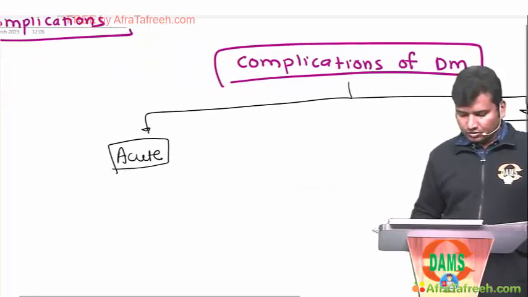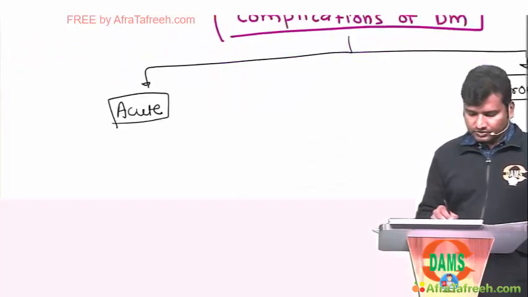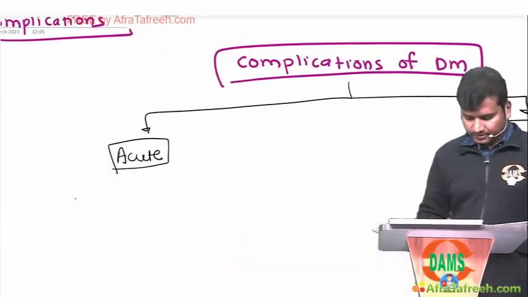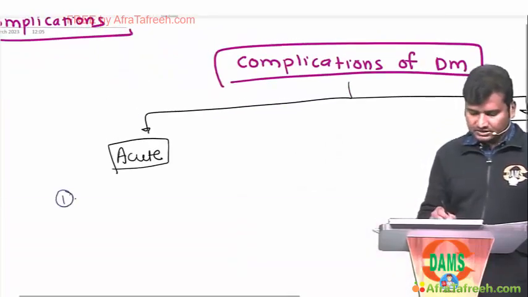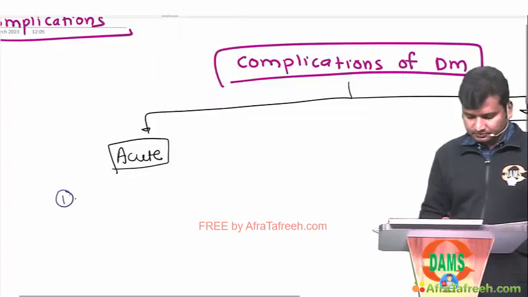In acute complications of diabetes, we have to learn first a very important disease which is diabetic ketoacidosis, DKA.